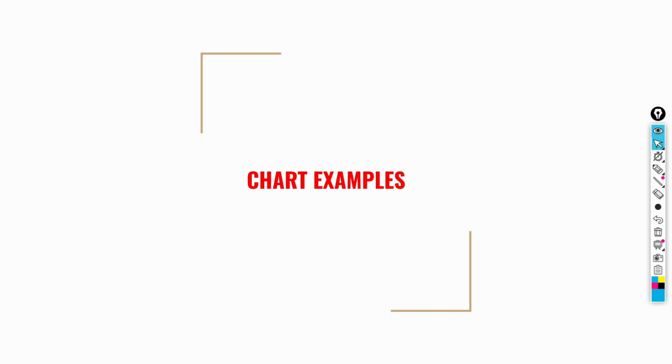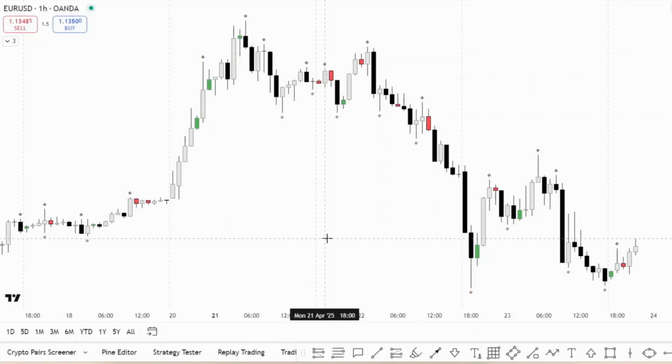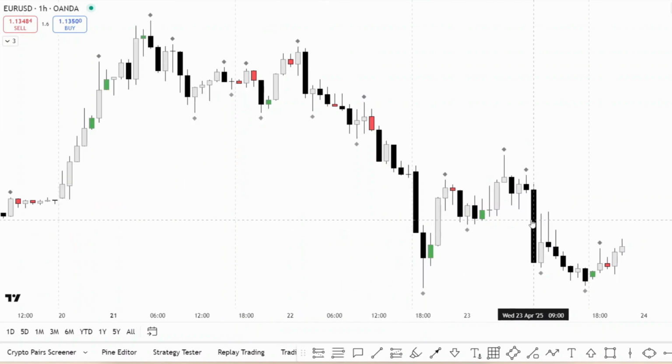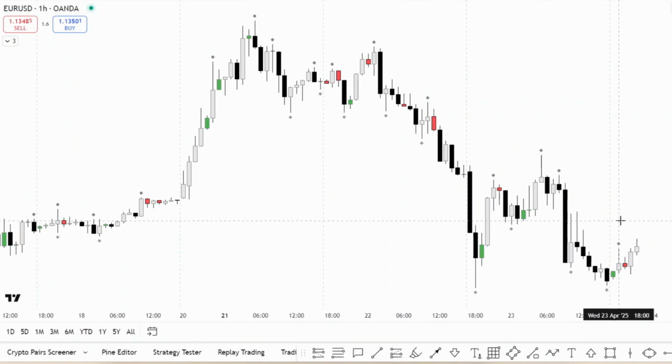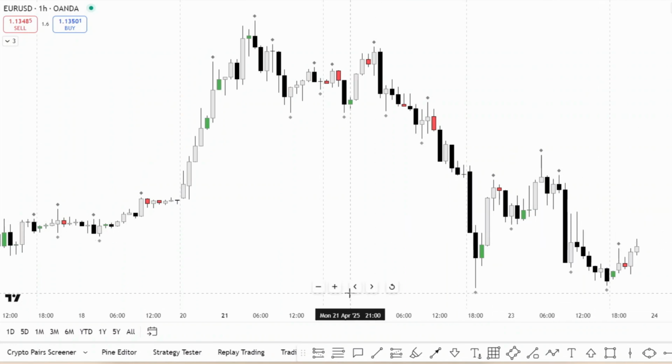So it's time for us to check the charts. Okay, so welcome to the Euro USD chart. Can I use this strategy for any time frame? Yes. Can I use this strategy for any pair? Yes. Can I use this strategy for any market? Yes. But today we're going to use it for Euro USD because I love trading Euro USD because of its spread.